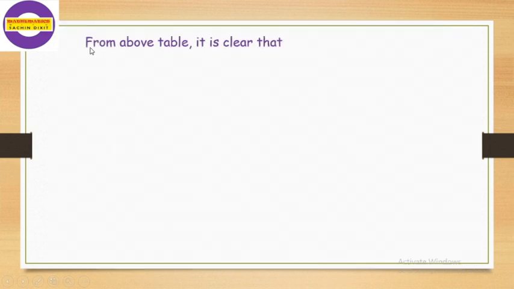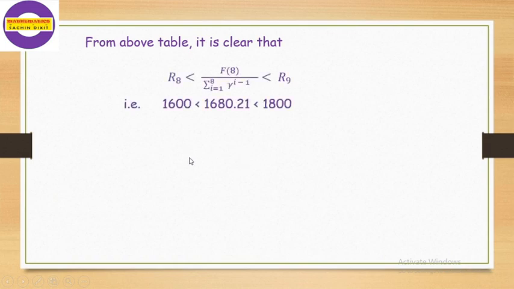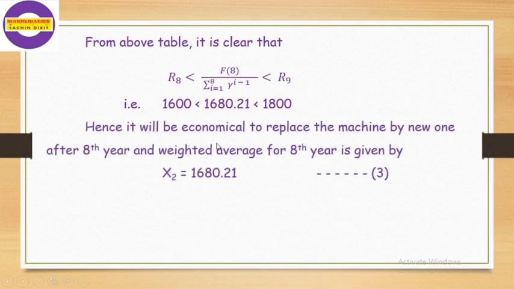That is, from the above table it is clear that R8 is less than F8 divided by summation i varies from 1 to 8 gamma raised to i minus 1, which is less than R9. That is 1600 is less than 1680.21 less than 1800. Hence, it will be economical to replace machine B by a new one after 8 years.